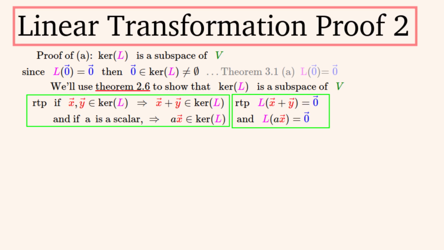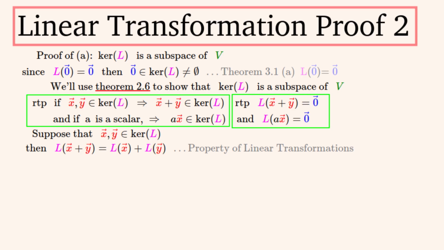And to show that these vectors are in the kernel, it's only necessary to show that applying the function L to them gives us the zero vector. So now to prove these two things for part A, we'll suppose that these two vectors are in the kernel of L. Now we'll apply the linear transformation L to the sum of these two vectors, and we can split them up into the sum of two of these functions, because it is a property that they have.